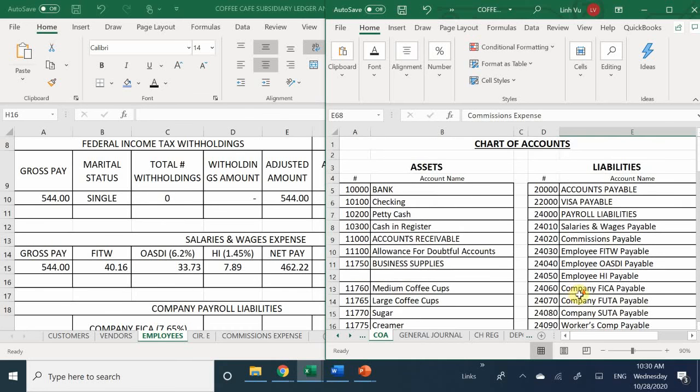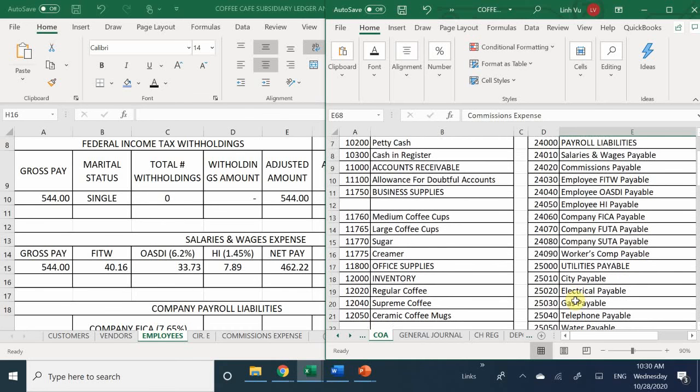Let me find my liabilities. Yes, because we owe them. They're not expenses. We are holding on to this until we have to submit it to the government. Just like we have to submit the sales tax. We have to pay the government because this is our duty for having employees. They're paying in to their Social Security and Medicare.